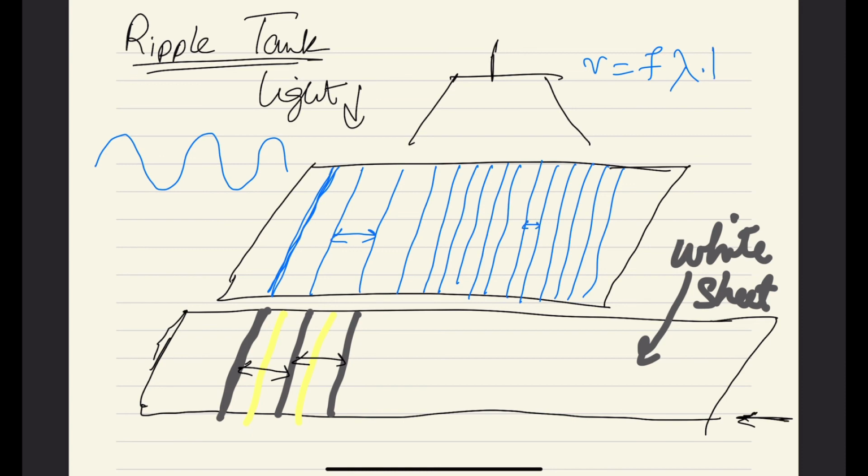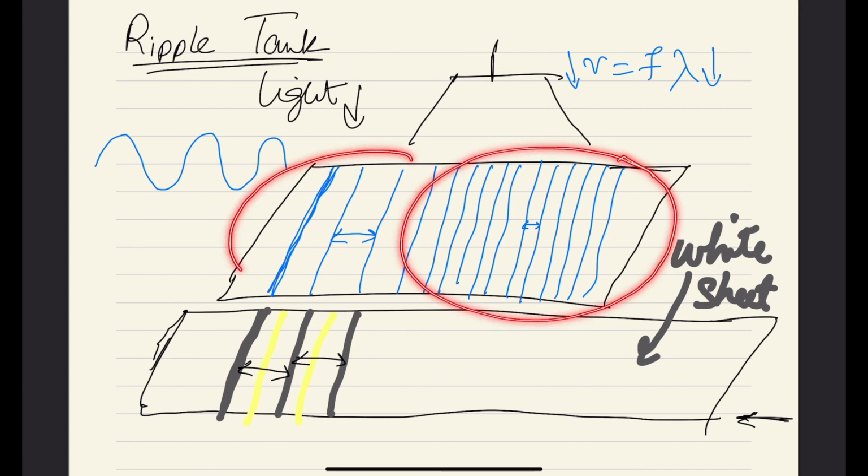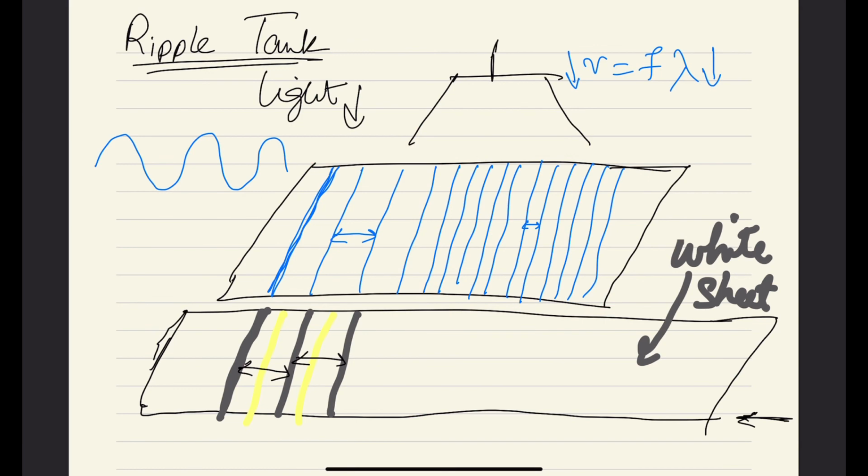So as the wavelength decreases, the speed of the waves will decrease. So we can say that as the depth of the ripple tank decreases, the speed of the wave will also decrease. Why? Because the wavefronts become close to each other and the wavelength decreases. So this is the region of less depth and this is the region of more depth.